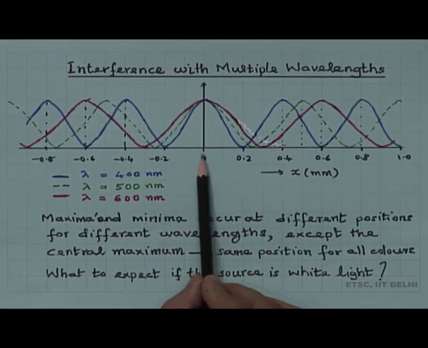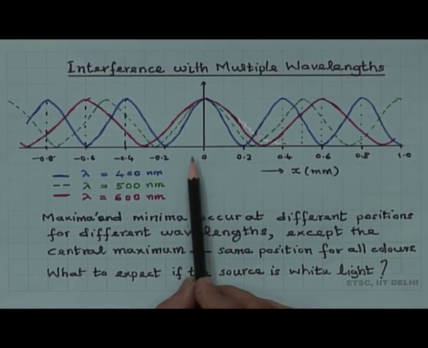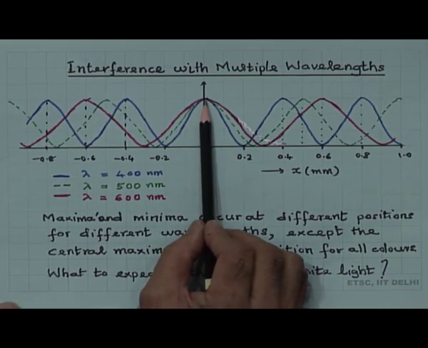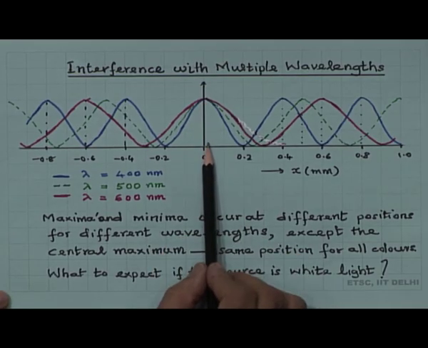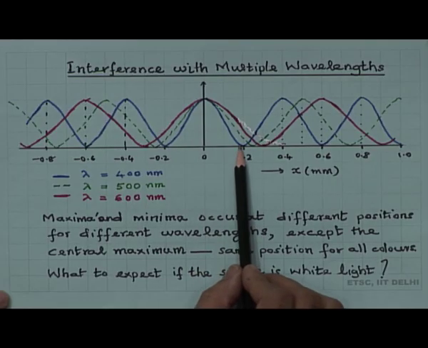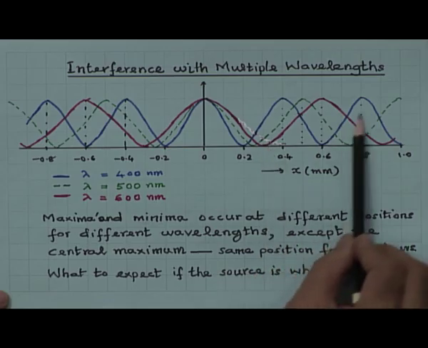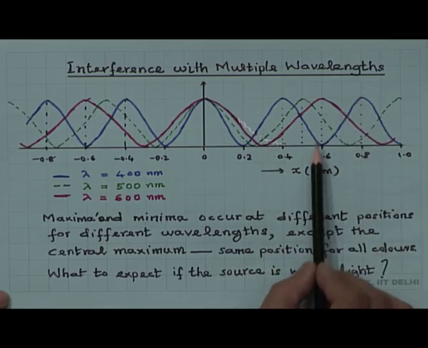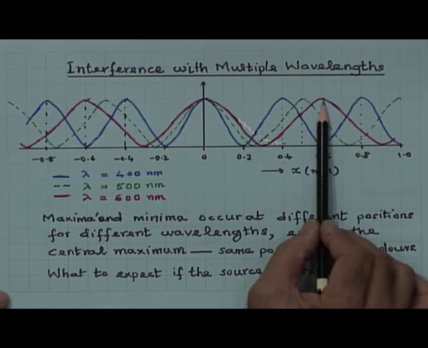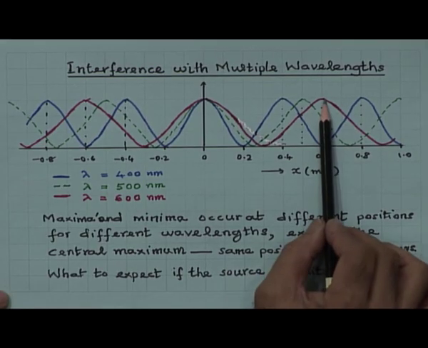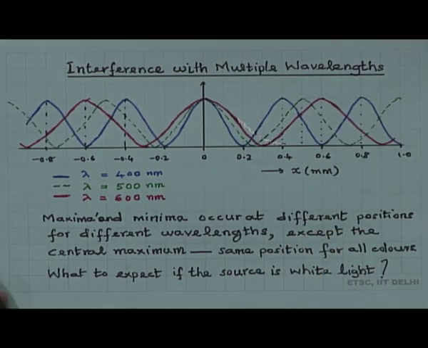At O, all of them have the maxima at the same point. But the maxima of blue is here, the minima of red is here, and after some time we see that when blue is minimum, red is maximum. So, the maxima are occurring at different positions.